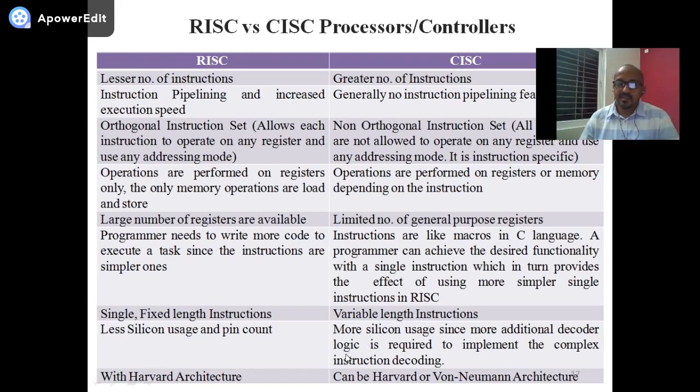RISC uses less silicon, and pin count usage is more in CISC compared to RISC. Most of the time RISC processors are Harvard architectures, and CISC processors can be Harvard or von Neumann architectures.